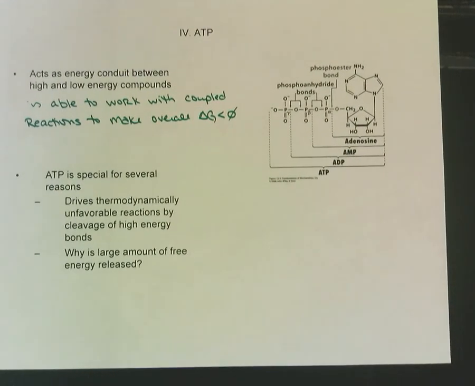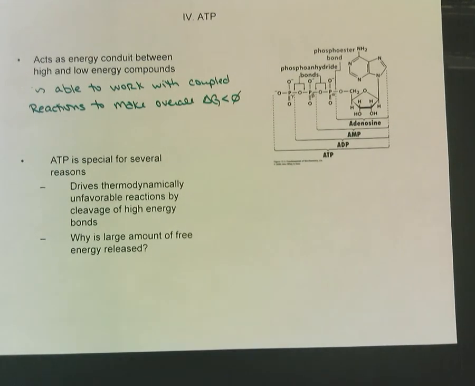So if you have a non-spontaneous reaction, a delta G greater than 0 reaction, you can couple that to a very exergonic reaction and then force those two reactions overall to have a delta G less than 0. And ATP is often the molecule that's used in that coupling to encourage the overall reaction to have a delta G less than 0.